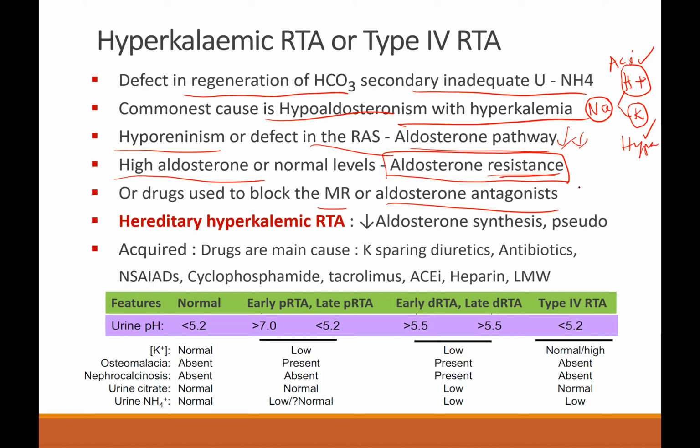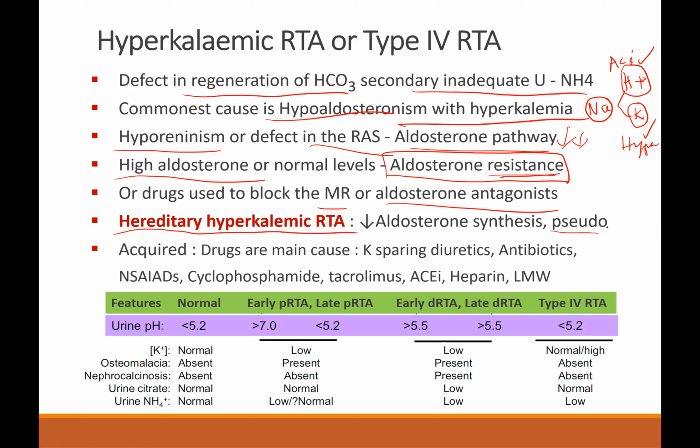Okay. Now, hereditary hyperkalemic RTA: there is a hyperkalemic RTA which occurs due to a hereditary condition. Aldosterone synthetase is deficient, or it could be pseudo-aldosterone deficiency also.